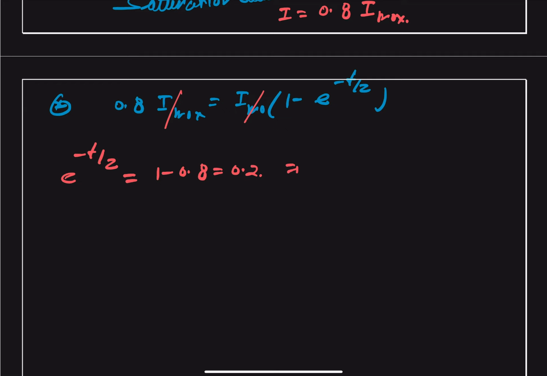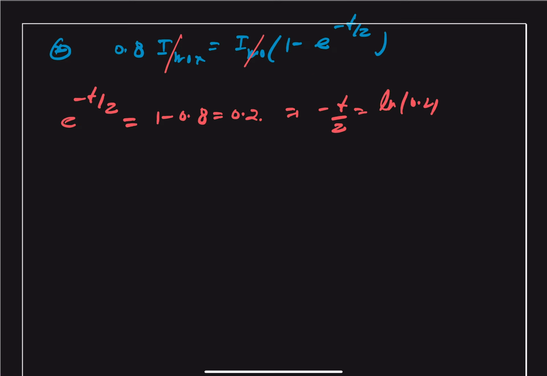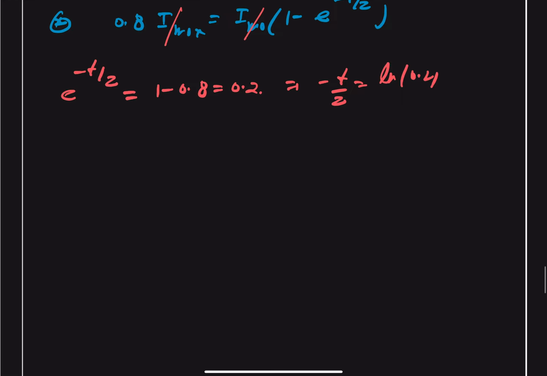With a little bit of manipulation, we can write this as minus t upon tau equal to natural log of 0.2, which can be written as minus natural log of 5, whose value is given to us.